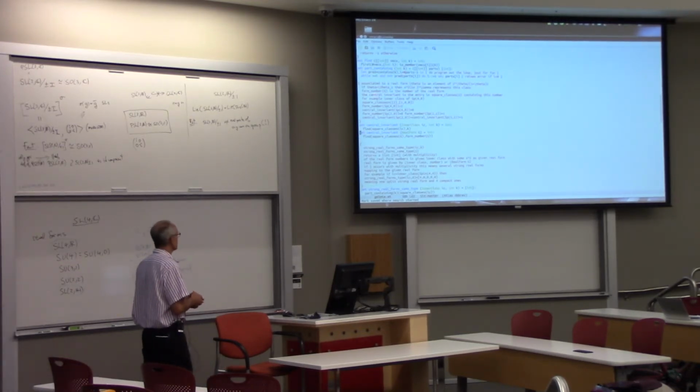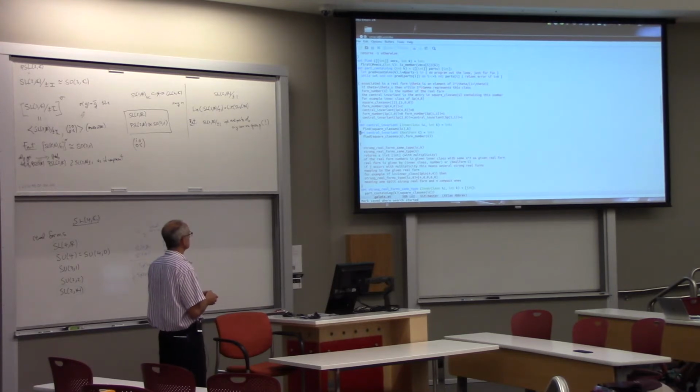And what this says is that associated to a real form, the data is an element of the center. Well, actually, this subquotient of the center, Z to the theta modulo 1 plus theta Z. And it's some Galois homology construction. And here's an explanation of how it's found. What are they good for? Well, someone asked about them, that's all.